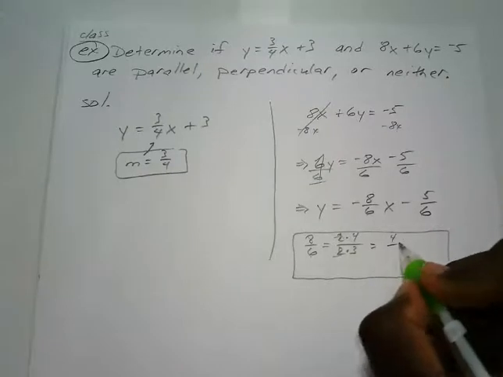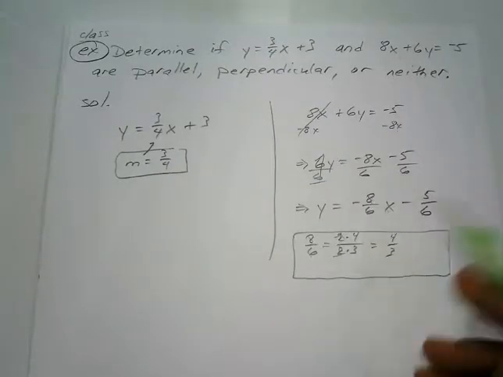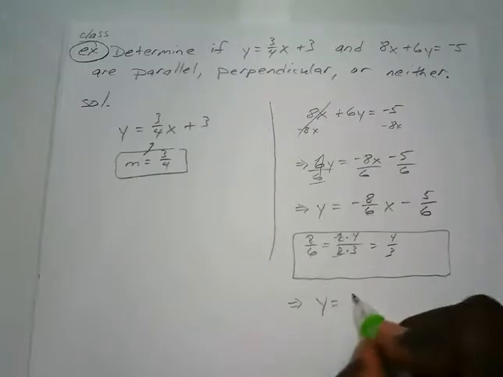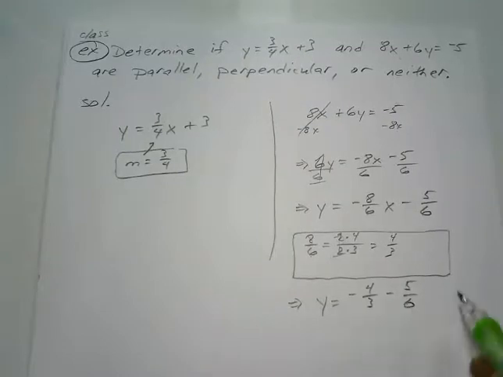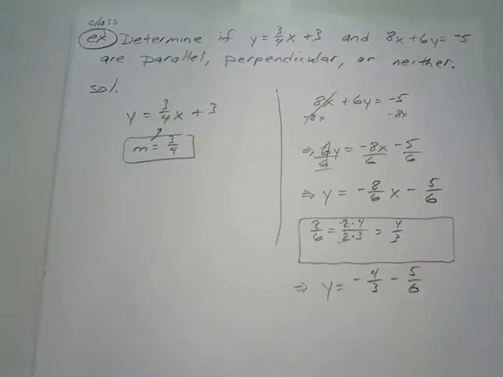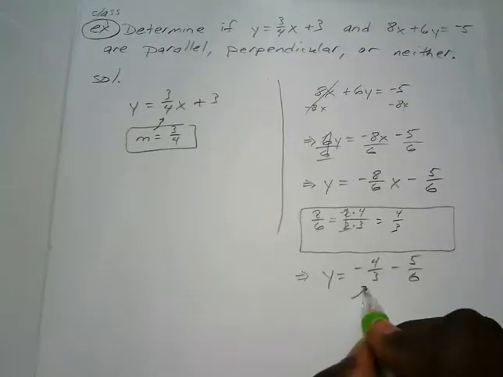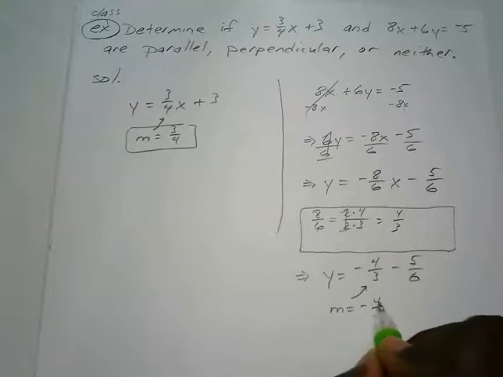So you're left with 4 over 3. So that negative 8 over 6 becomes negative 4 over 3. So we have y equals negative 4 over 3x minus 5 over 6. Okay, so now that we have that simplified, we know that slope is equal to negative 4 over 3.